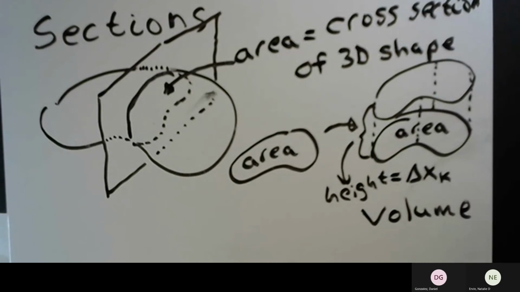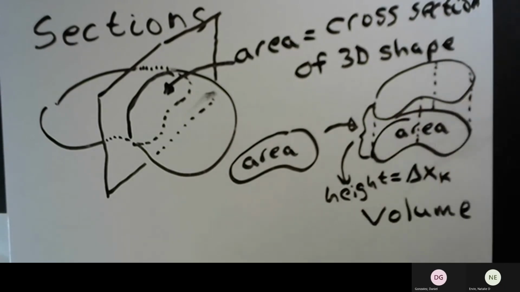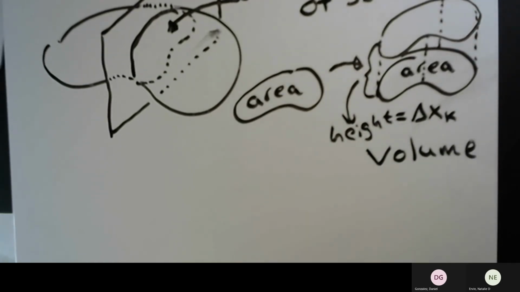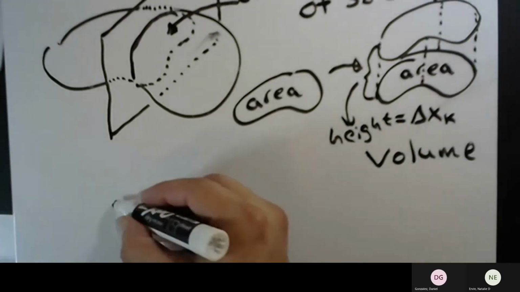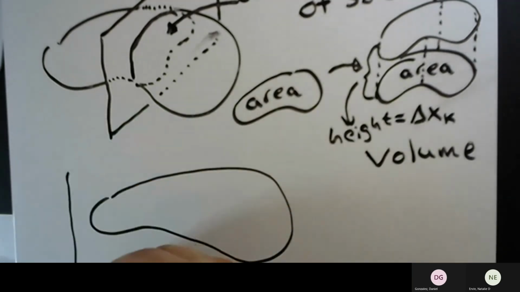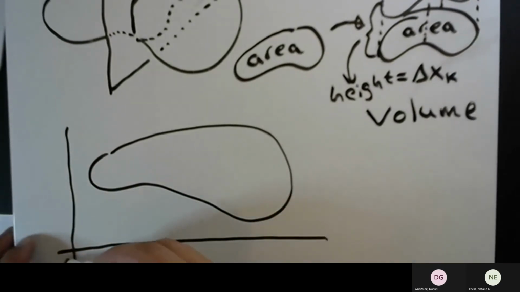So we have an area, and the height of this volume is going to be delta xk. So what's going on is this. Let's say we place this shape here, kind of have it hover over the x-axis. And if I'm going too fast, let me know.